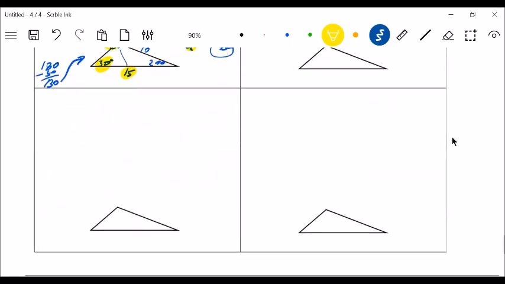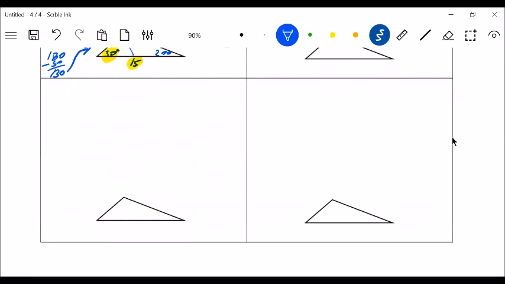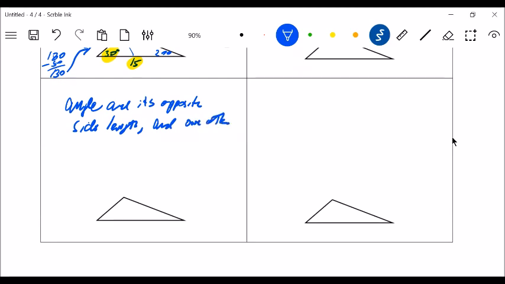Now, then another one for the law of sines is when you have an angle and its opposite side and one other thing.